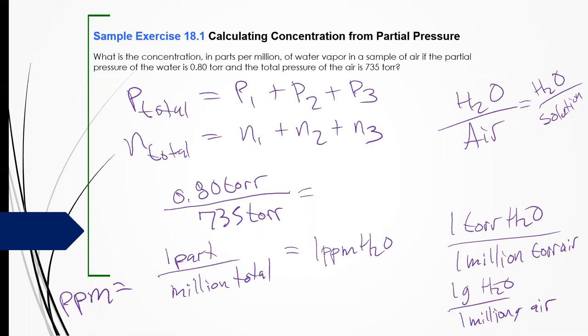As long as we can get moles to moles or grams to grams, as long as we can get them into the same unit, we can get that comparison of how many parts to how many parts.